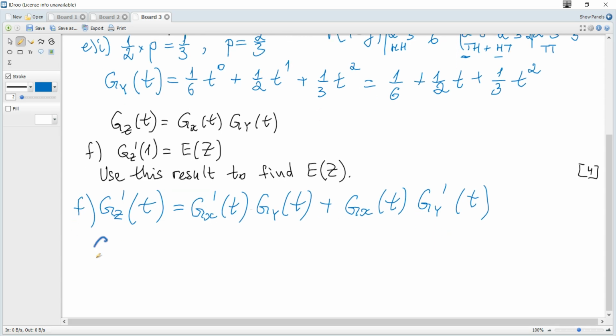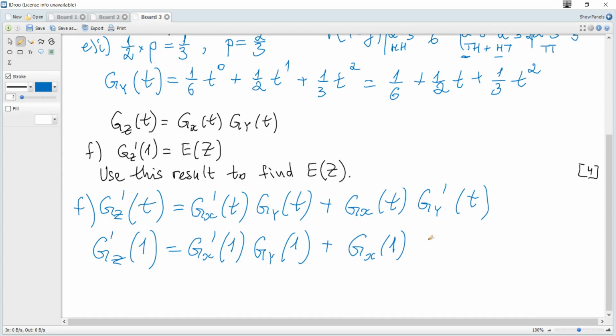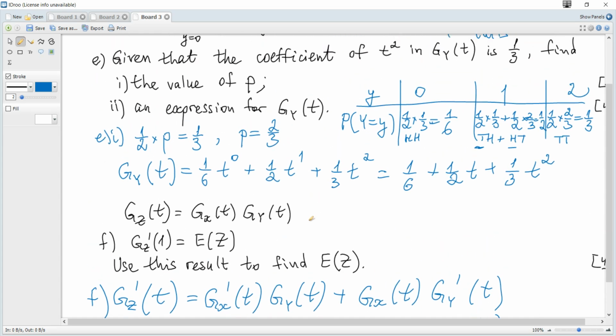And we need it at 1, so the derivative of gz of 1 becomes gx derivative of 1 times gy of 1 plus gx of 1 times gy derivative of 1. Gx and gy are given.